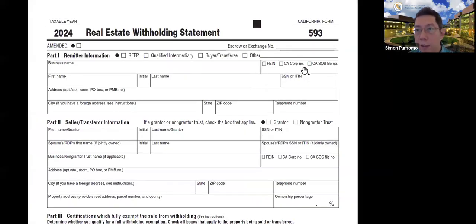This is the 2024 Form 593 Real Estate Withholding Statement. Now, we have seen some people take, for example, a tax year 2021 form and cross out the 2021 and change it to 2024. And then they submit it to Franchise Tax Board.